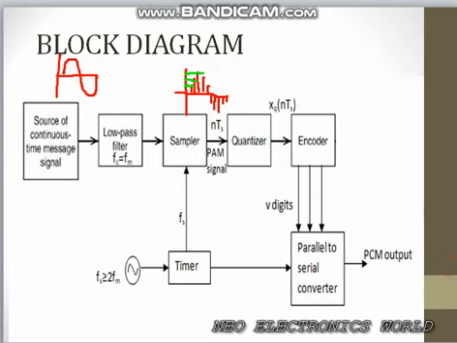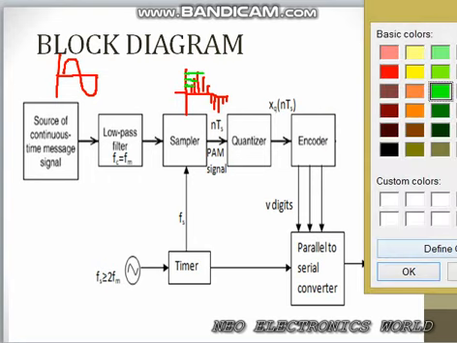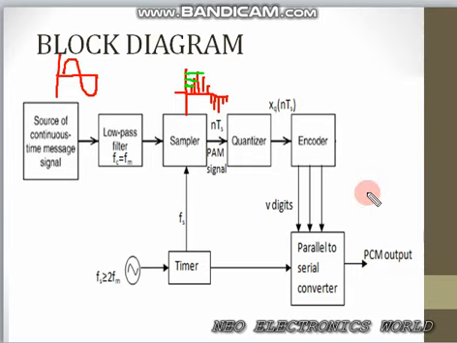Then the next step is encoding. What is encoding? Encoding means conversion of the signal coming from the quantizer into binary form. So we will get an output as 1, 0, 1, 1, like that. This is an example only, and there may be differences in the ones and zeros.